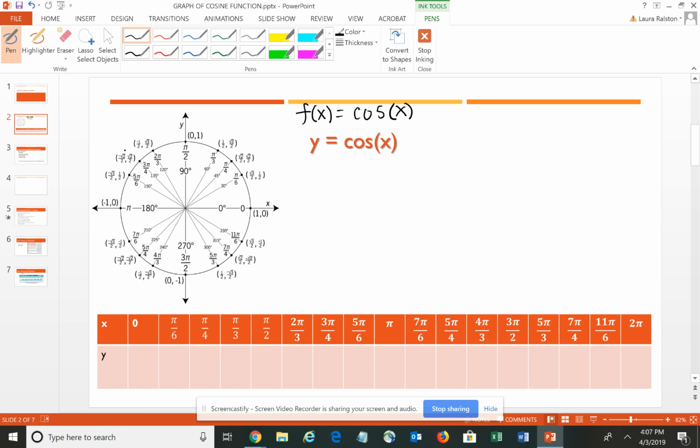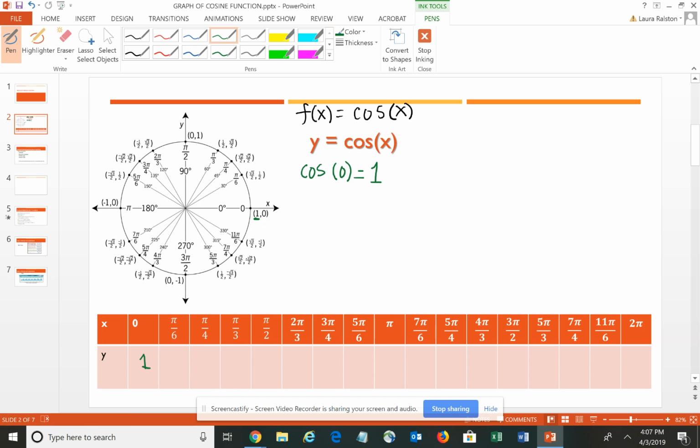So again, if you think about it, if we look at x equals 0, so if I wanted to look at the cosine of 0, I would find that angle measure on the unit circle and look at the x coordinate, which is 1. So the cosine of 0 is 1.